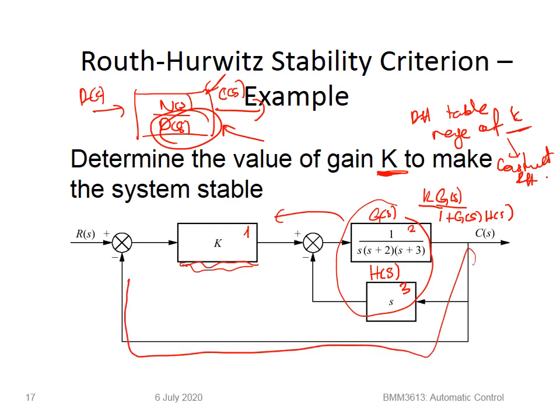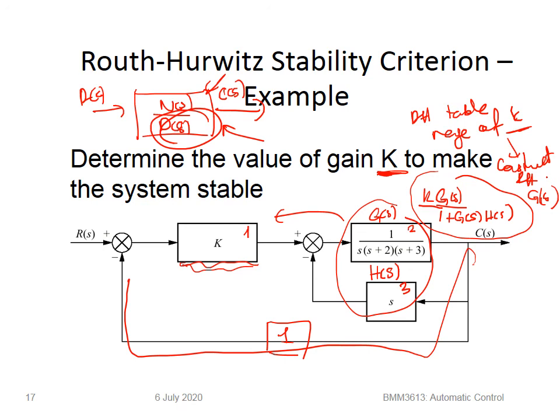And then there is another feedback loop on the bottom here. So let's say I call this whole thing now G1(s). Here we have a feedback transfer function of H(s) equals 1.